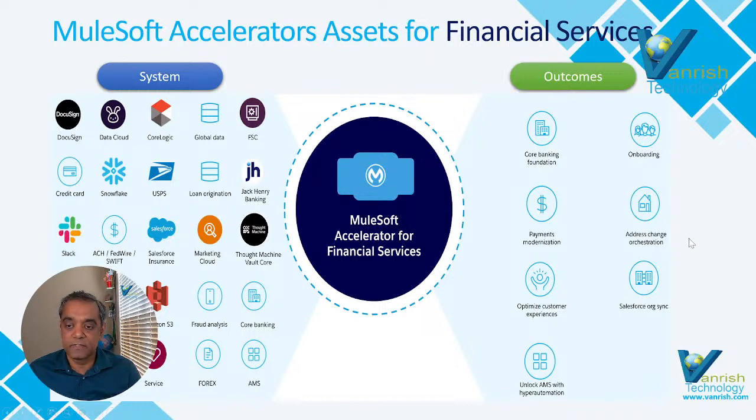Address changes: how you can orchestrate those address changes for your banking customer. Also organized customer experience, Salesforce Org Sync, and unlock AMS and hyper automation. These are the outcomes you are expecting from your financial sector.